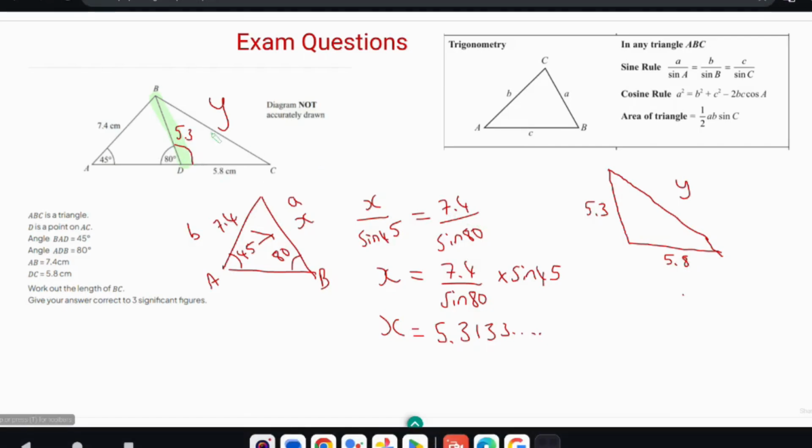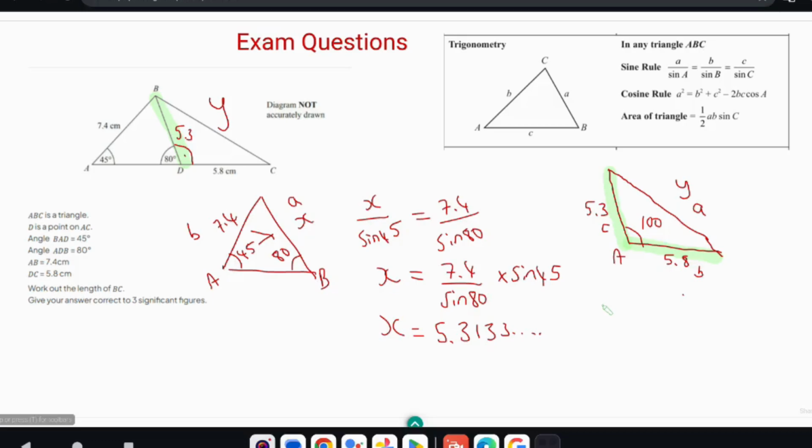Now, angles in a triangle add up to 180, right? This angle here must be 100. And then I have enough information because I've got two lengths sandwiching an angle. So it's cosine rule. Big A, little a, b, c.